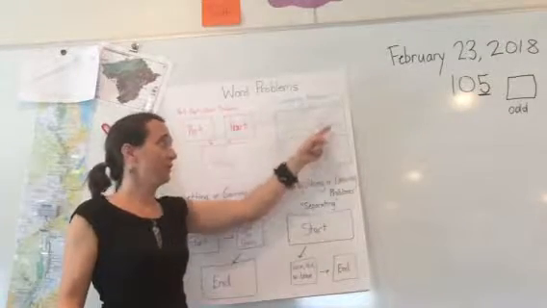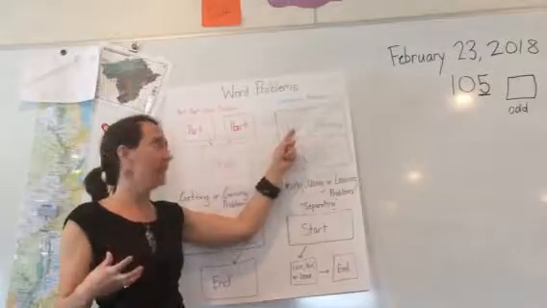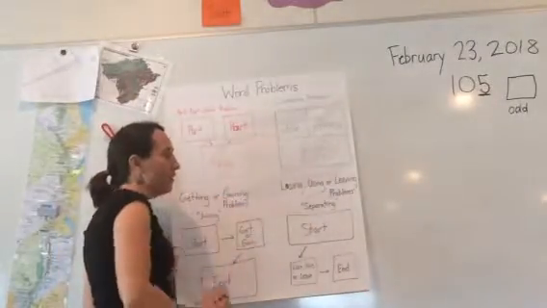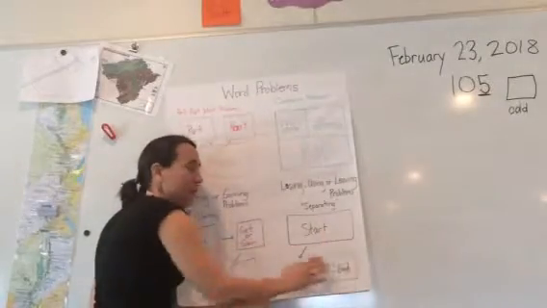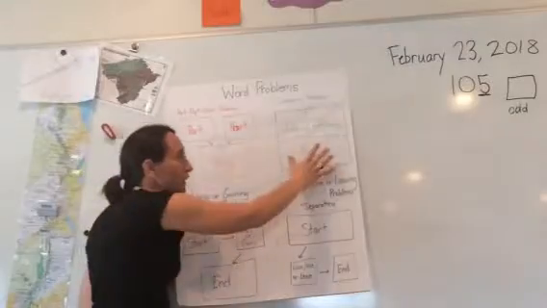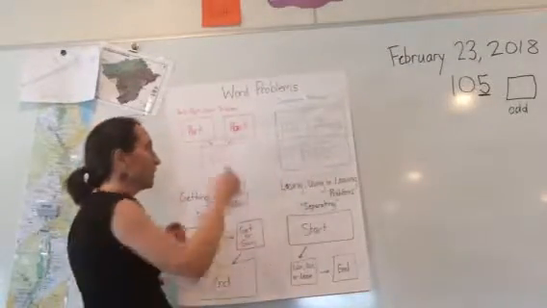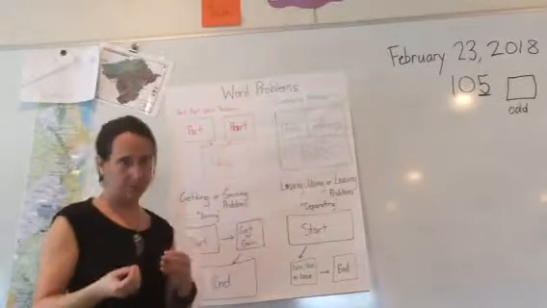Of course, if you're looking for the difference or what the person with the smaller amount has, then you would subtract. And even though these pictures all look different, you can see in every picture that there's a big piece and smaller pieces. So when you're looking for the big piece, you're always going to be adding, and when you're looking for the smaller pieces, you're always going to be subtracting.